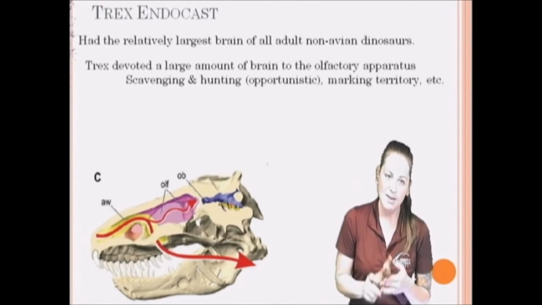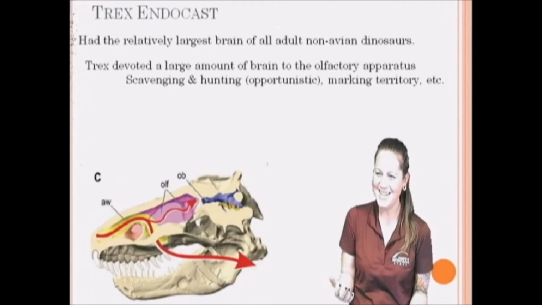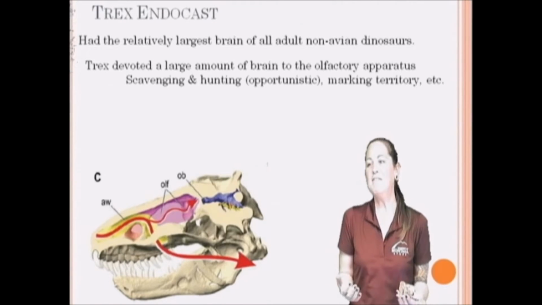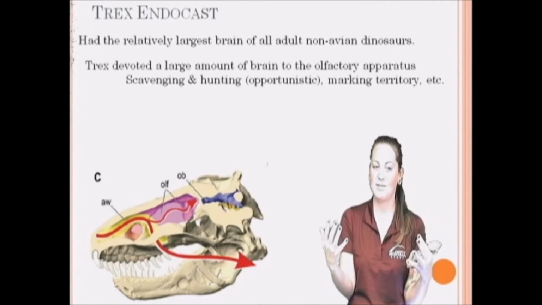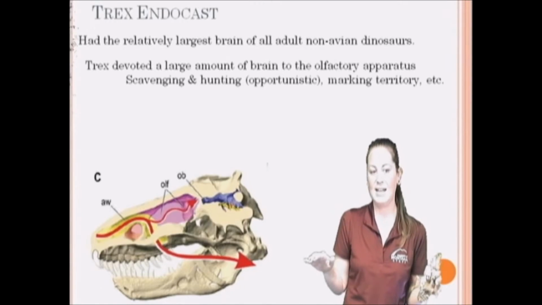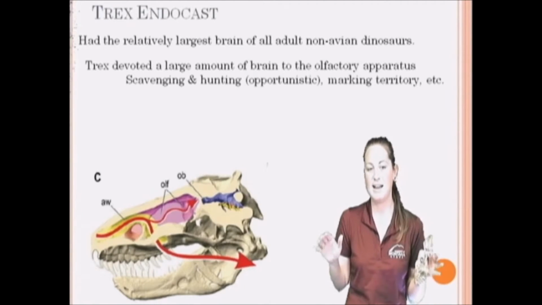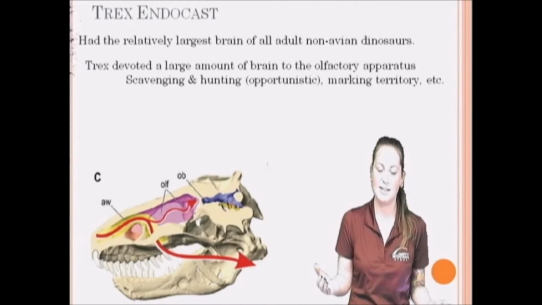Well, now that we've got all this brain information, also T-Rex weighed like 9 tons. That's a lot of meat that this creature had to eat to keep his energy levels up, to even keep going. Living on a straight carrion diet is not enough for T-Rex. And so we now know that he scavenged and he hunted, which makes sense.